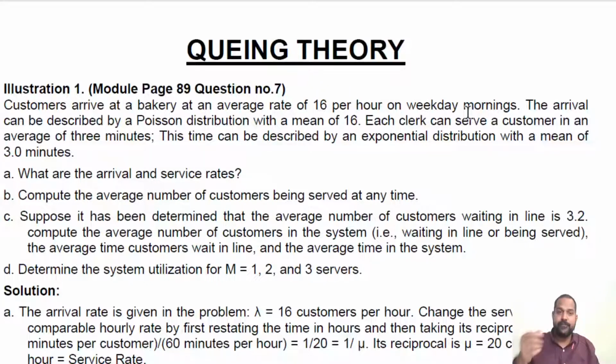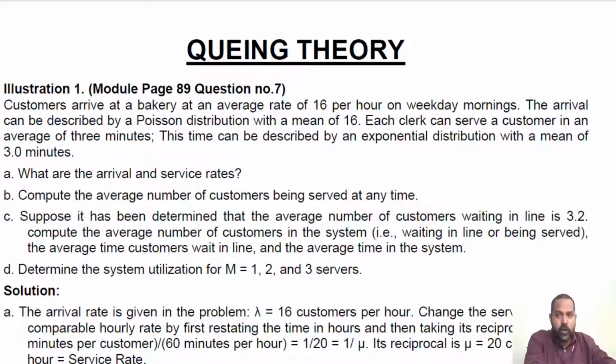The arrival is described to be Poisson distributed. So the arrival is random, but we've tried to generate some kind of a pattern from the randomness. And we've realized that on an average, 16 people come to the bakery. Each clerk can serve a customer in an average of 3 minutes.